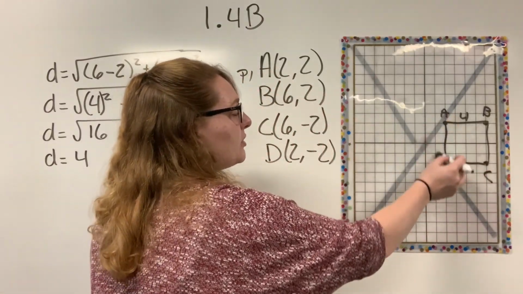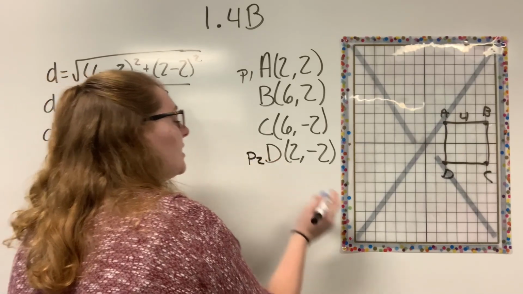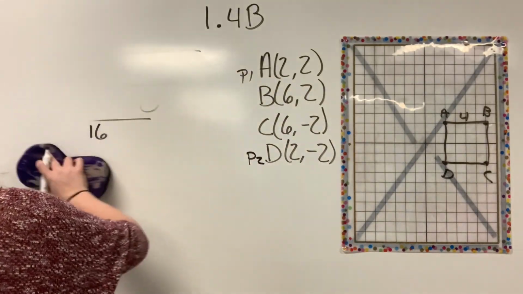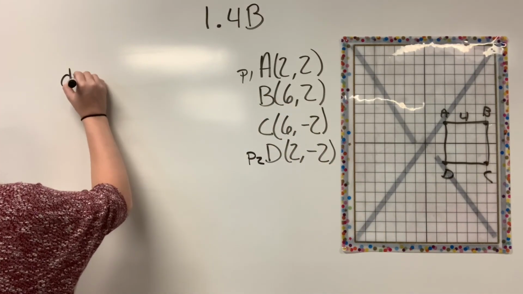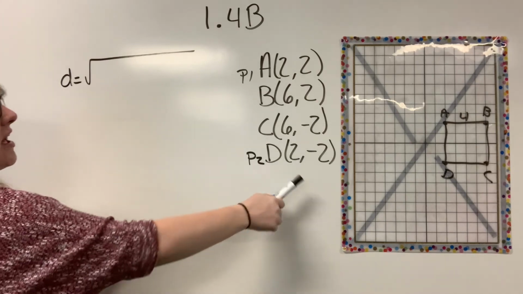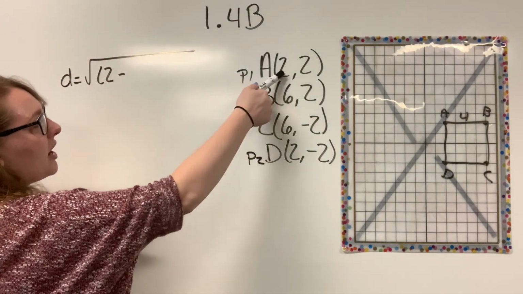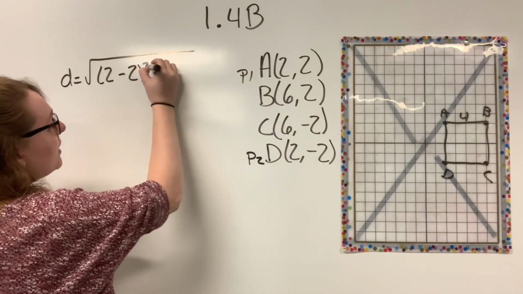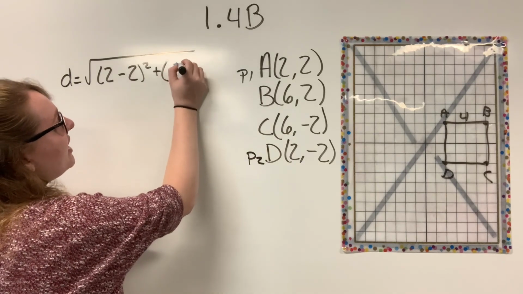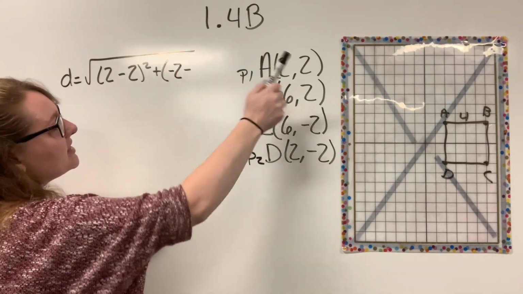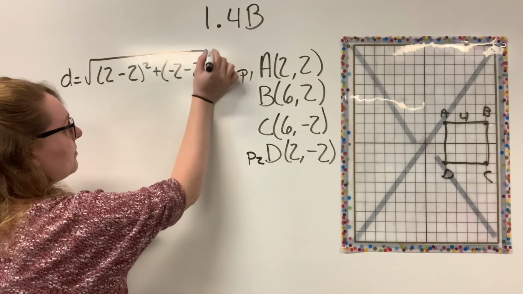So I'm going to check between A and D. I'm going to keep A as our point 1 and D as our point 2. Now we're going to go back to our trusty friend, the distance formula. We're going to have our x2, which is 2, minus our x1, which is 2, squared, plus our y2, which is -2, minus our y1, which is +2, squared.